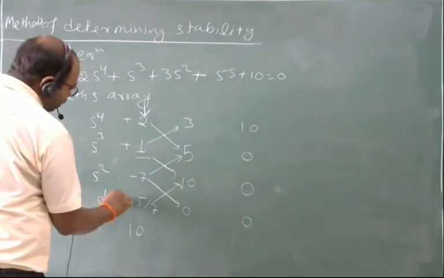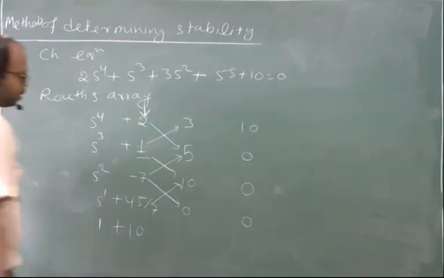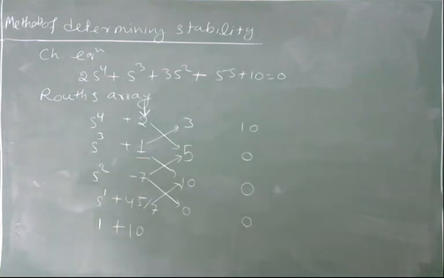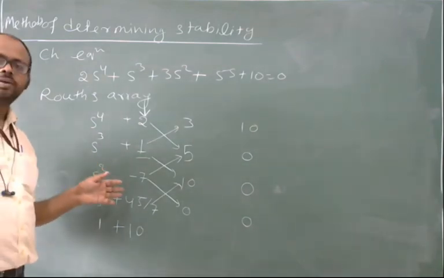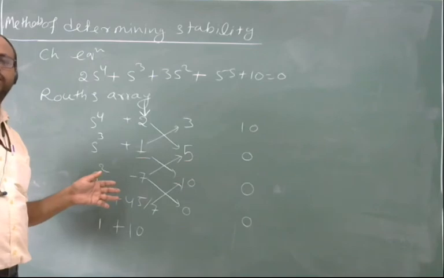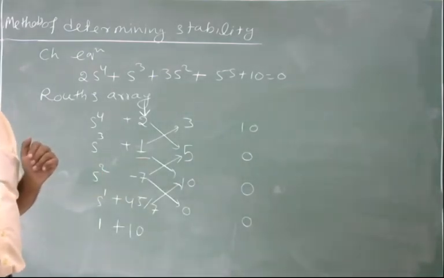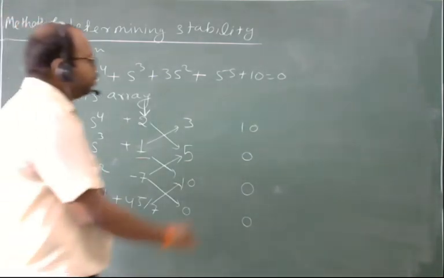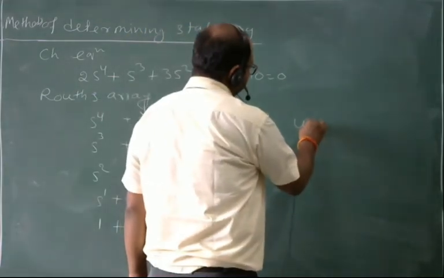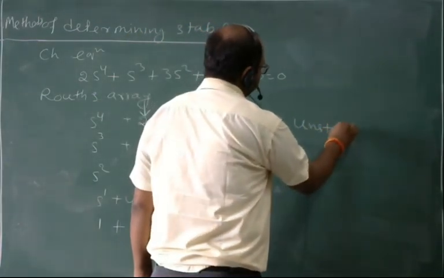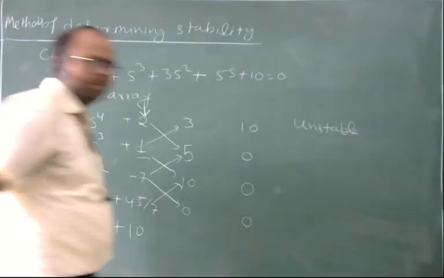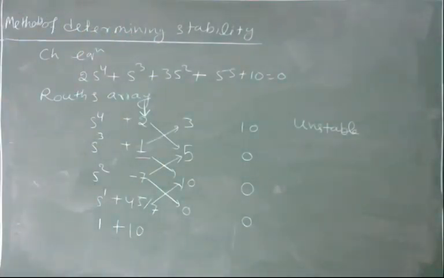And here plus, again plus. So here I am having a sign change. Therefore, the system is unstable.